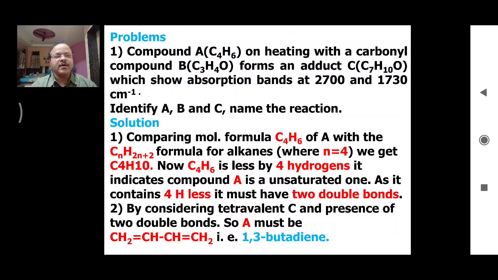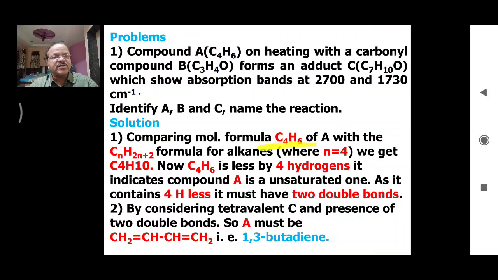Now the initial task is to identify the structures of starting compounds A and B. Let's find out the structure of compound A. Compound A has molecular formula C4H6. We compare this with the molecular formula of alkane, CnH2n+2.